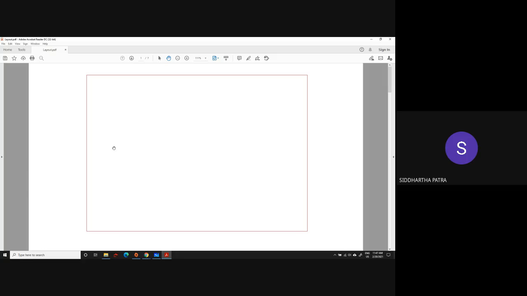So this red square actually represents the total size of the paper in which we are supposed to work.